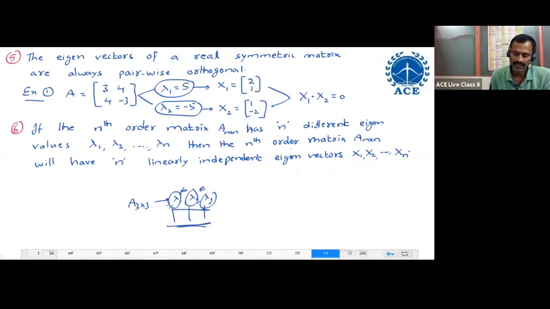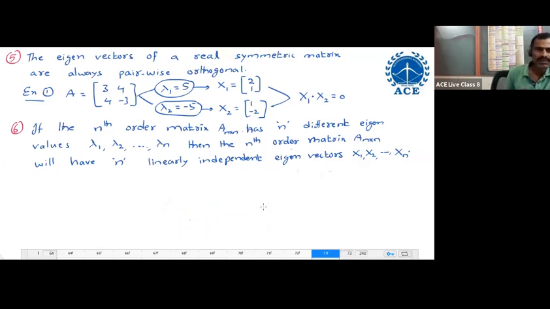So a 3 by 3 matrix with 3 different eigenvalues will have 3 linearly independent eigenvectors. Suppose some eigenvalues are repeated, we cannot say. In such a case, we use the next property, property number 7. The next property gives the number of independent eigenvectors corresponding to any eigenvalue.